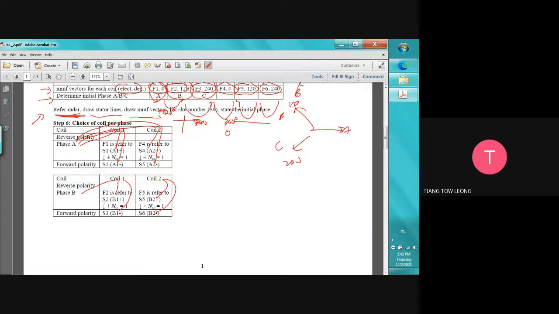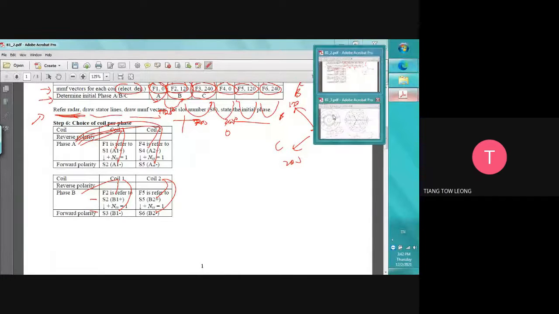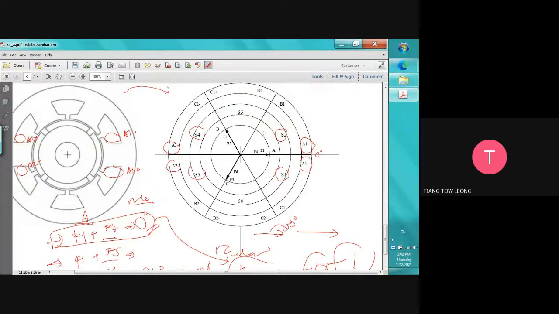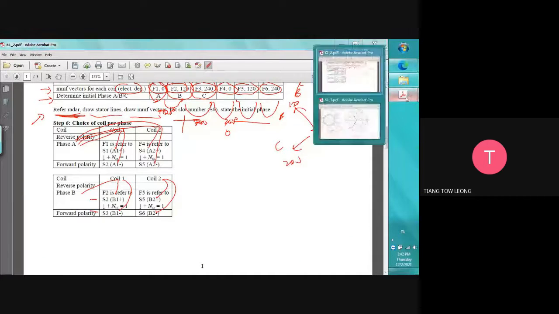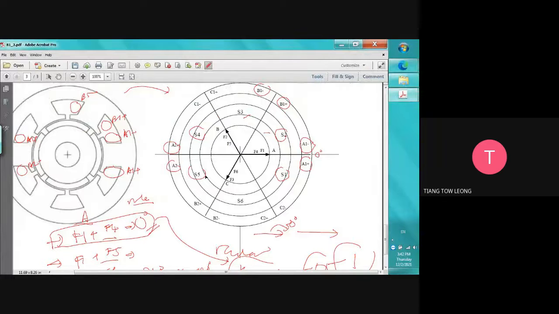So we continue. 2 to 3 is B1 plus, B1 minus. So this is B1 plus, this is B1 minus. And then 5 to 6, 2 plus, 2 minus, so this one is B2 plus, B2 minus.